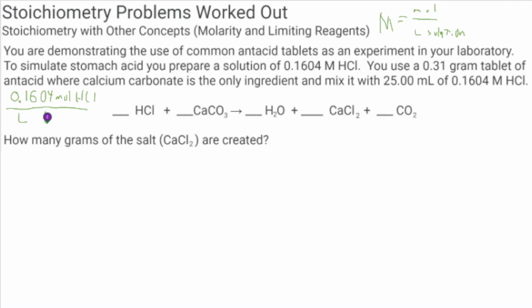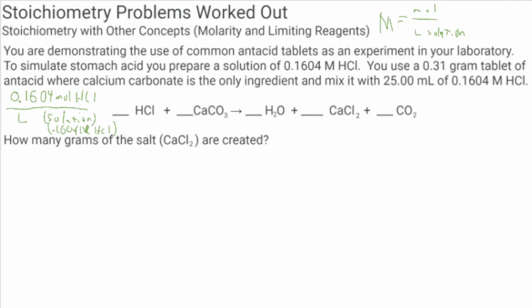All right, so for every liter of that solution, oftentimes how I will write that will be whatever that concentration is, so 0.1604 molar HCl. All right. So we're going to be using molarity.